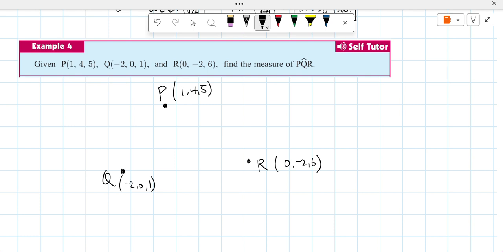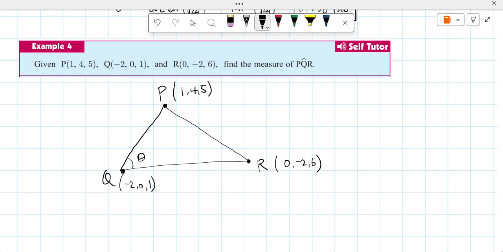But what is our goal again? Our goal is to find the measure of PQR, which means I'm going to find the angle PQR, angle theta. Well, how will I find that angle? Just like how I did here, I connected all the points with the edges, with the lines, and we have formed a triangle.